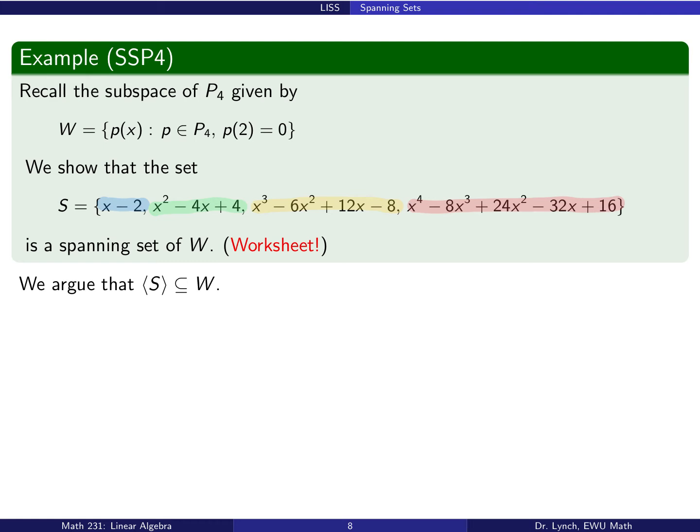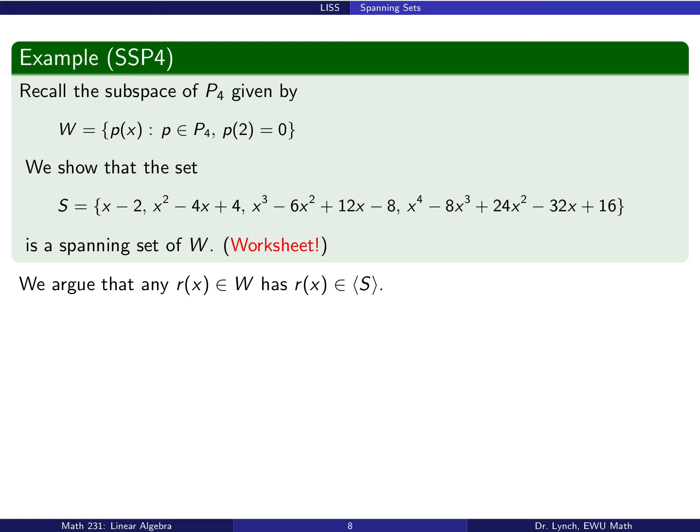Okay, now we're going to argue that anything in W can be written as a linear combination of elements of S. So anything in W is also in the span of S. In order to do that, we're going to choose an arbitrary element R that's in W, right?